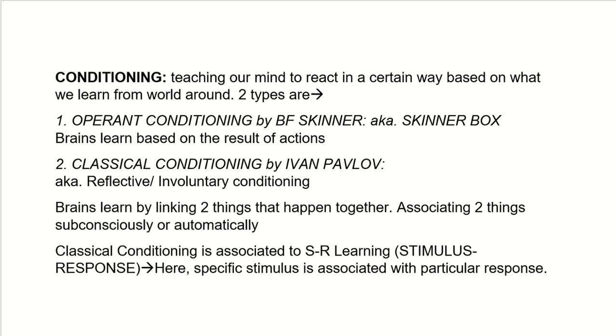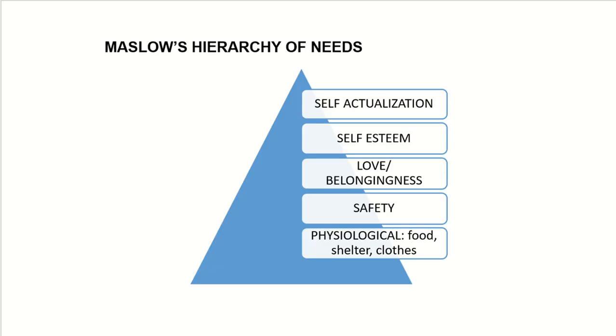After that we move on to another important chart. Here we have to understand Maslow's hierarchy of needs, which is an important one. We move from physiological needs to self-actualization, and we need to know all 5 steps. Physiological is about food, shelter, clothes. The next need is safety. Then we have love, then self-esteem, and at the end self-actualization.